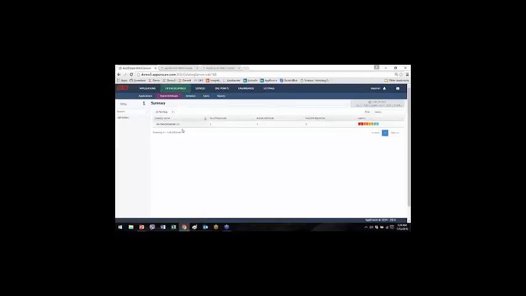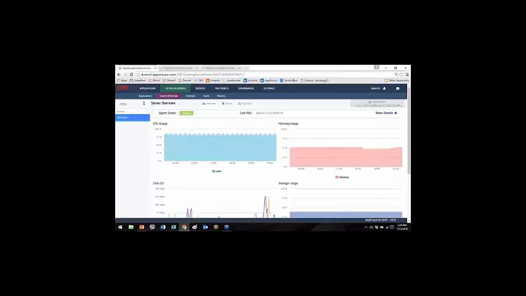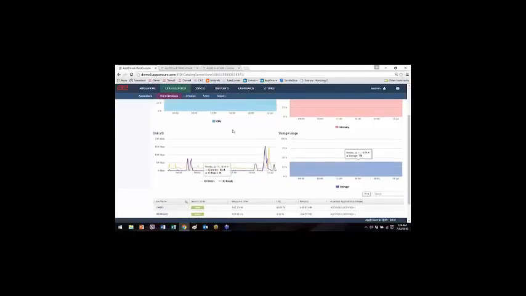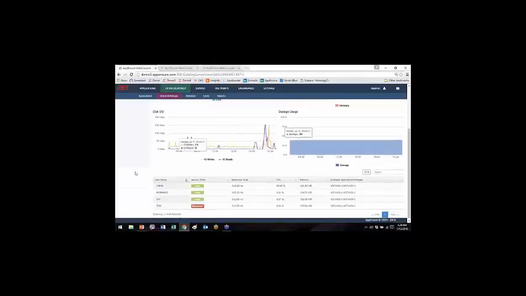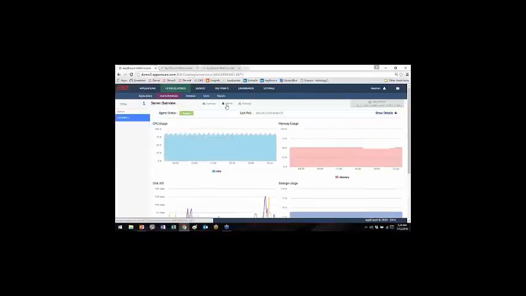When there is one shared desktop in the catalog that is being published, we have one machine that is being published, and when I click on it, I see some alarms here. When I click on that, I'm looking at that particular shared desktop and how the memory is being used, how the CPU is being used, how the disk IOs are being used, how many users are using it, whether they're active or not, and if there are any alarms.